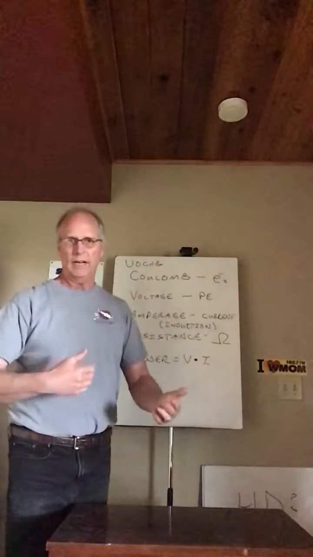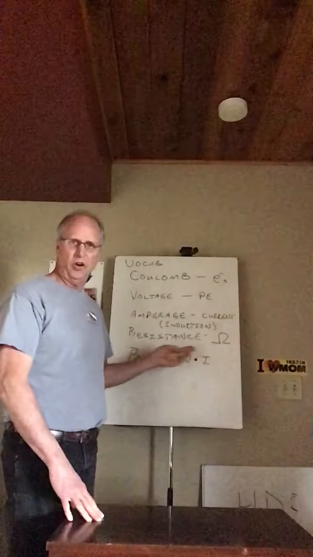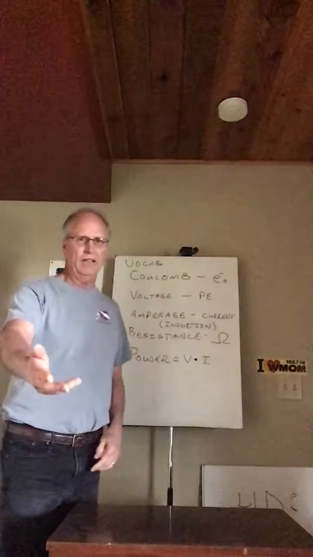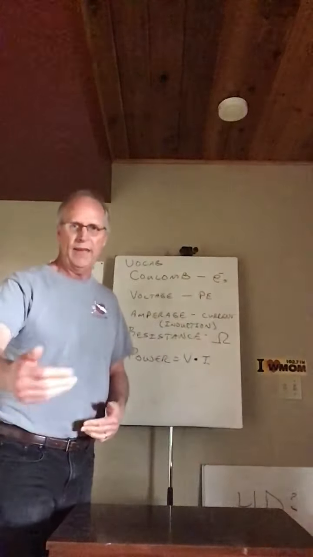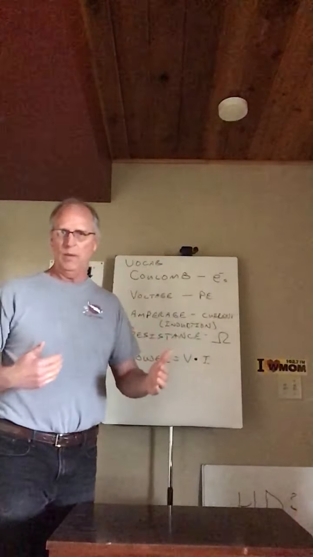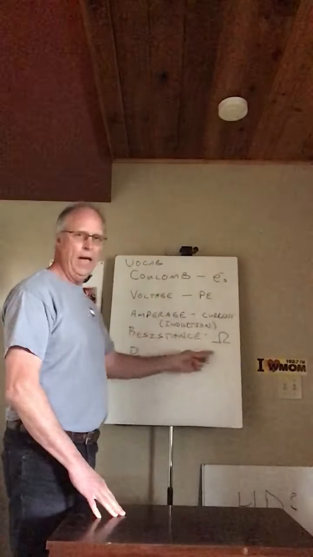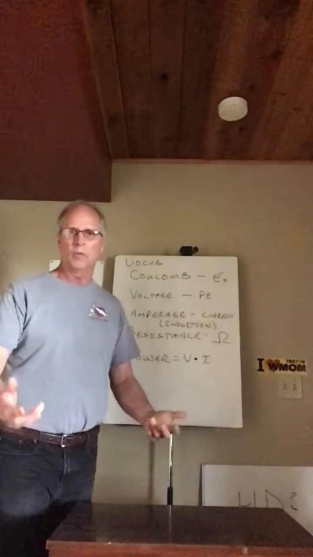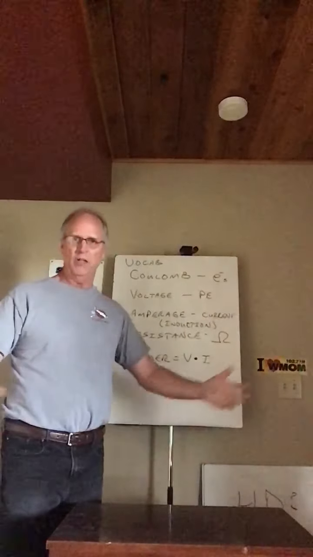The last thing I want you to know is this resistance term. The resistance is exactly what it sounds like. It resists the electrons from going where they want to go, and it resists them from being put where we make them go. We call them this little horseshoe, an ohm. So if you've ever heard of a 4 ohm resistor or a 2 ohm resistor or a 1 ohm, the smaller the number, the bigger the speaker.